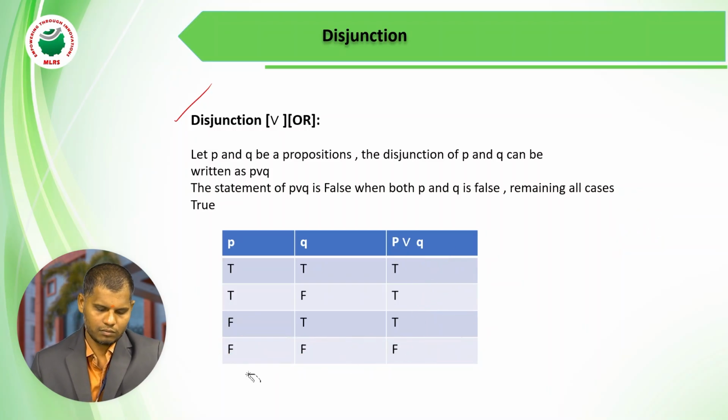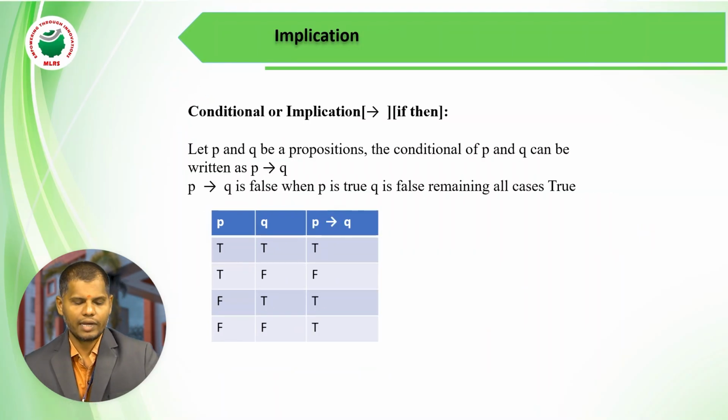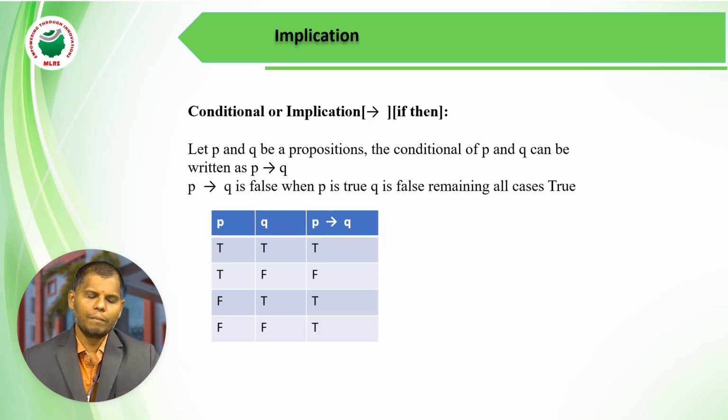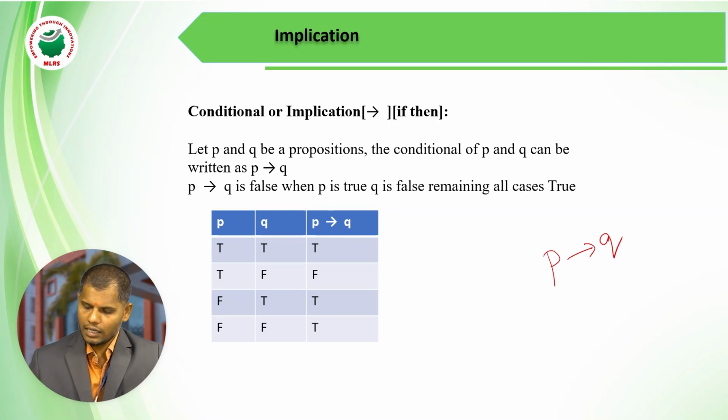Next statement, conditional statement. Let P and Q be proposition statements. The conditional of P and Q can be written as P implies Q. Logically, we call it conditional or implication.